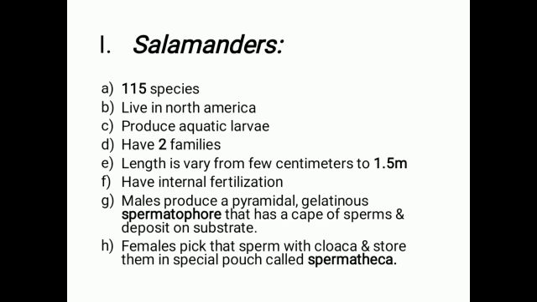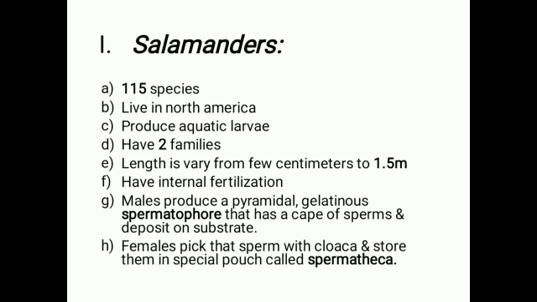If we see their life cycle, they have internal fertilization. The male produces a pyramidal gelatinous spermatophore. The spermatophore is the part where the sperms are stored and deposited on the substrate.